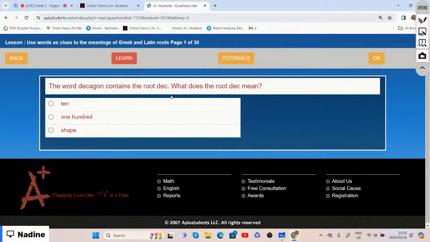So a decade is 10 years. It's a period of 10 years. That's a decade. So if you look at the word gon, just listen with me, be with me, gon. Think of shapes.